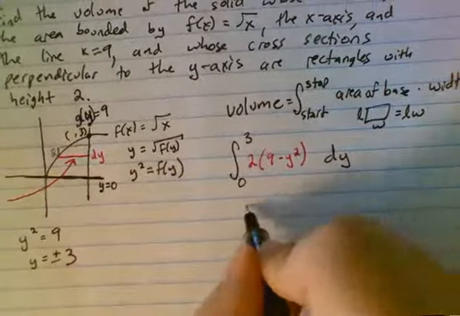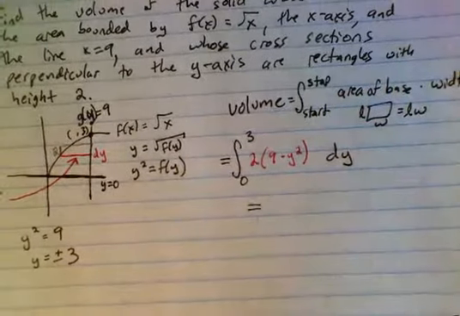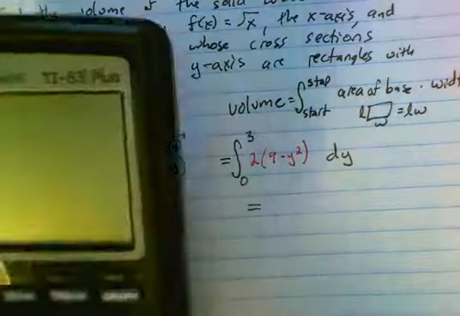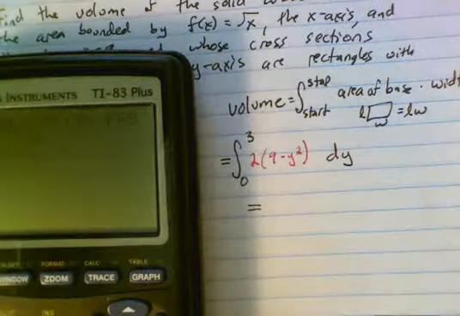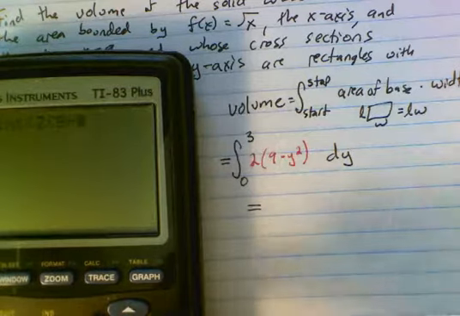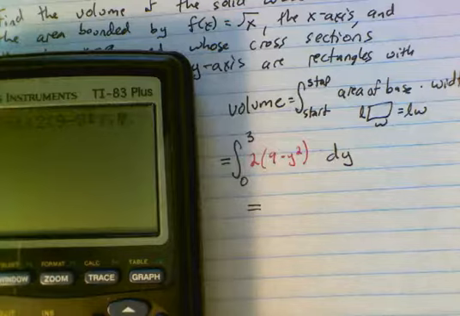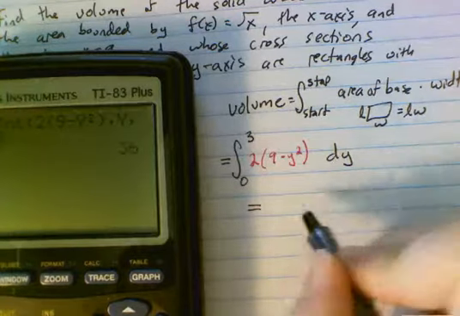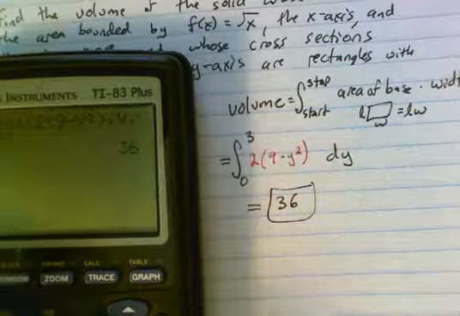So we've got that. Easiest just to use a calculator on it. 2, 9 minus y squared, comma y, comma 0, comma 3, or 36.